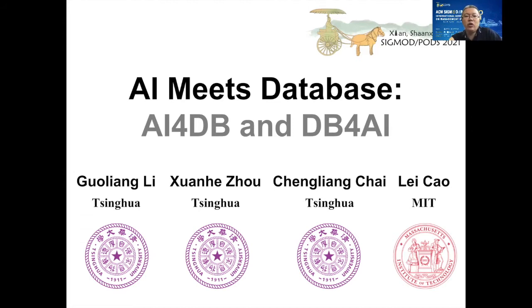And we can also use some reinforcement learning techniques to tune the knobs, which can also increase the performance of the database. We can also use some learning-based technique to recommend some index views to enhance the database performance.